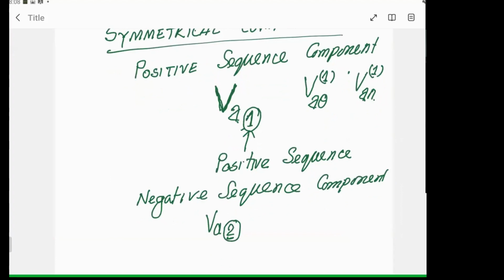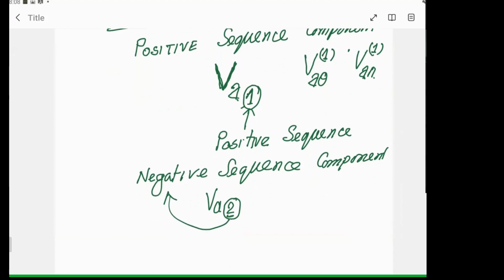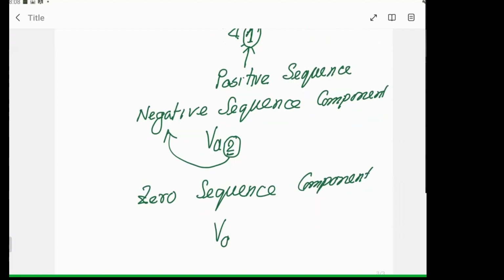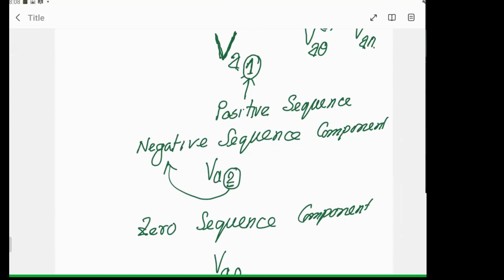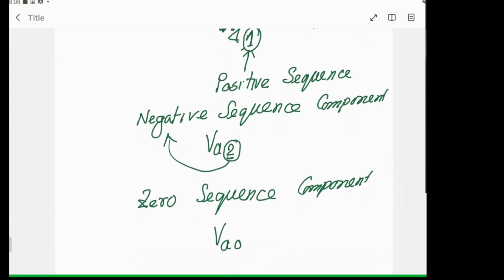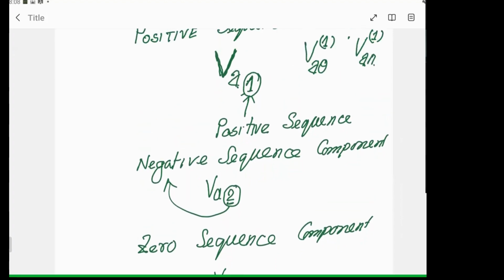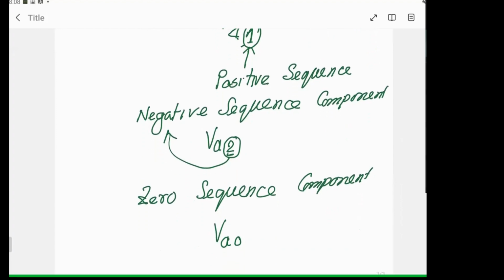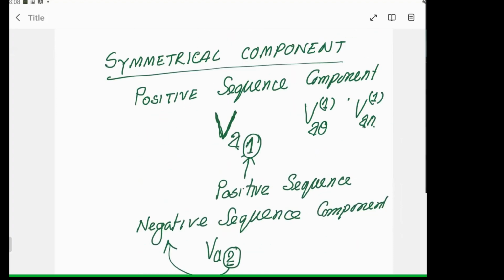And the zero sequence component will be VA0. So this is the first thing we have to identify: if I have 1 written with my phase, it is a positive sequence component. If I have 2, negative sequence component. If I have 0, zero sequence component.